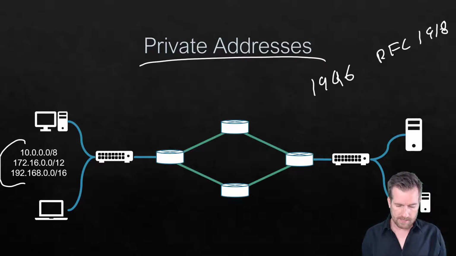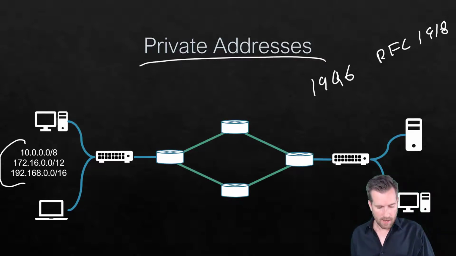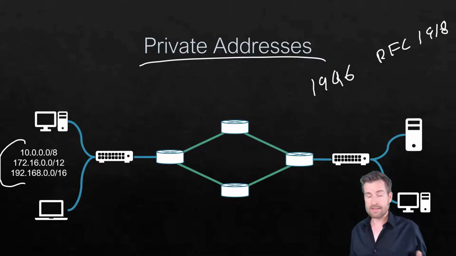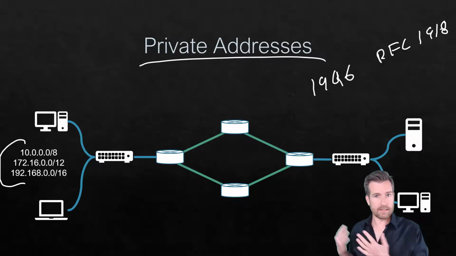And so RFC 1918 defines these ranges right here. So we have a 10.0.0.0, a 172.16.0.0, and a 192.168.0.0 as being private addresses. Now, one thing to note is that you can see that we have three options here. The three options that we have are in each of the different classes.